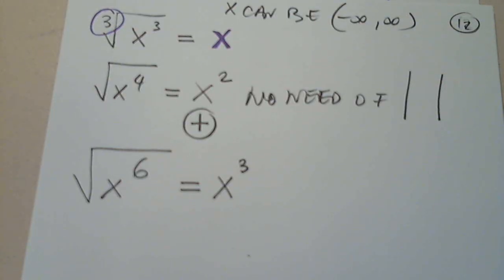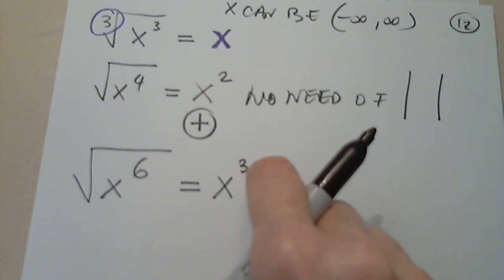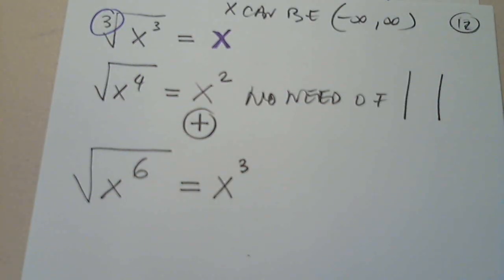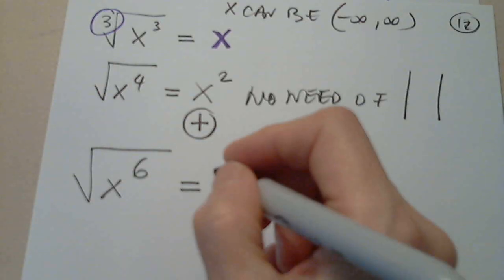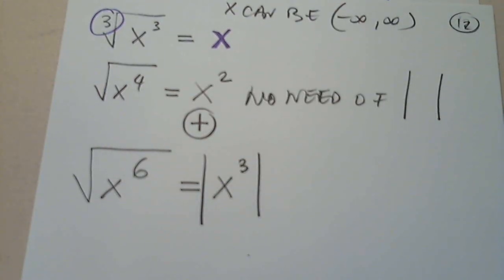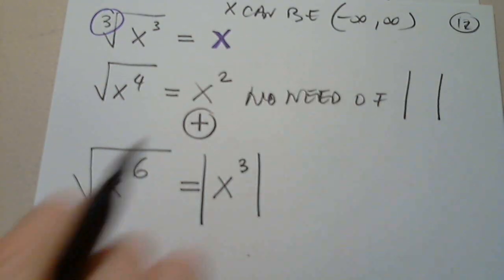Put in a negative number in here, cubed, and if you get a negative number, then it needs the absolute value. If you never get a negative number, then it doesn't. Well, if x is a negative number, then yes, it needs absolute value. Because power 3 could be negative. Power 2 could never be negative.